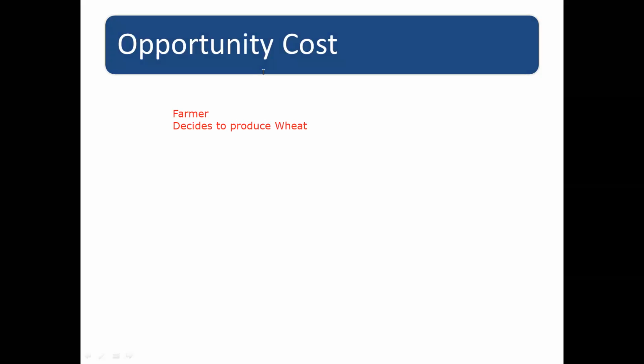Farmer decides to produce wheat. So he is deciding to produce wheat. What other option he had if he was not to produce wheat? So his other options were also there. So he could have produced other options.